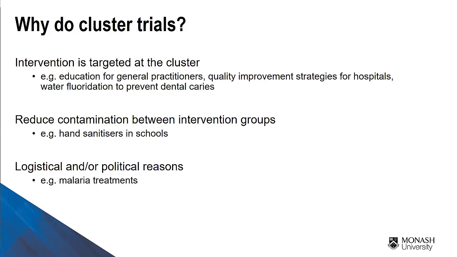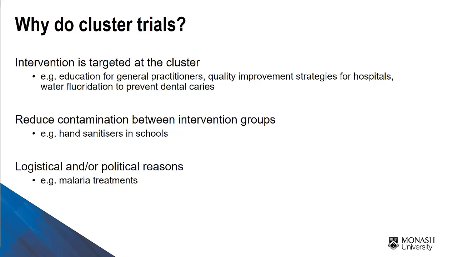We can also do it to reduce contamination between intervention groups. And in fact, this is an example of why we chose this particular option with the hand sanitizers in schools, because if we had put the sanitizers in primary schools and then randomized children within those schools to use or not use sanitizers, you could imagine what would happen: children who'd been randomized to not using the hand sanitizers might have been quite keen to use the hand sanitizer machine.